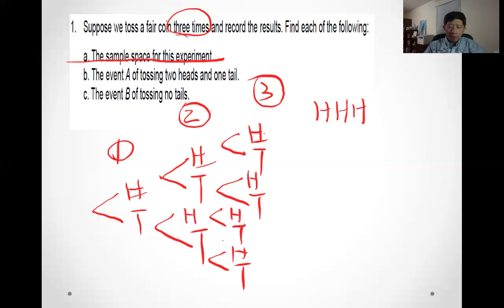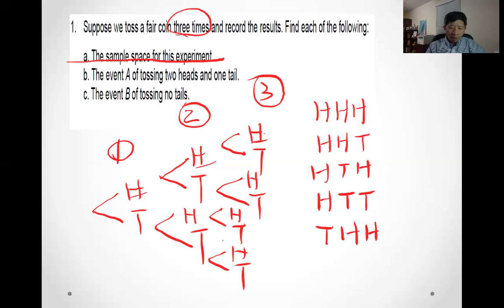So we might have head, head, tail. We might have head, tail, head. We might have head, tail, tail. We might have tail, head, head. We might have tail, head, tail. 1, 2, 3, 4, 5, 6.